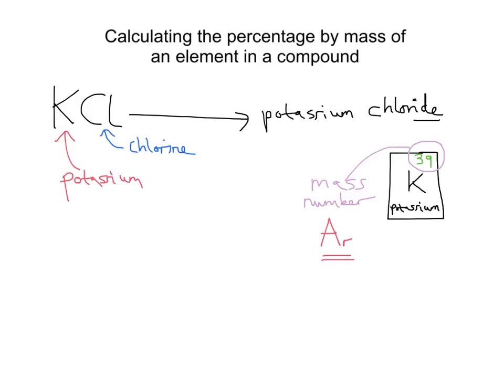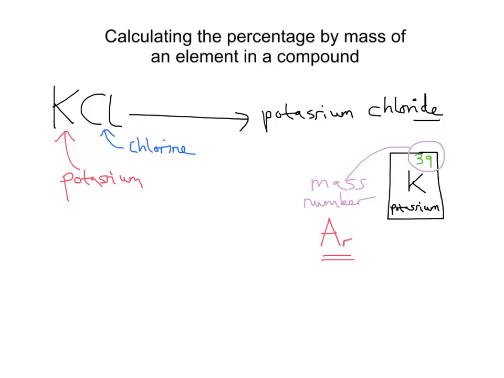So you can have an element like potassium with different isotopes, whereby the different atoms have different numbers of neutrons, so the mass number may change. We usually refer to it as the relative atomic mass to take into consideration those isotopes. We can see potassium has an Ar of 39.